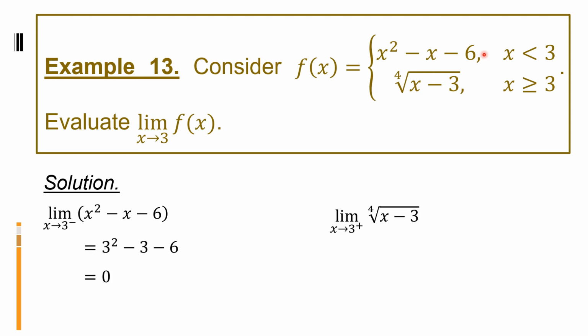On the other hand, the limit as x approaches 3 from the right, so we have fourth root of x minus 3. Then, we have fourth root of 0 positive. Kasi from the right of 3, so let's say 4. 4 minus 3 is 1, so positive siya. Then, by theorem number 2, that is just equal to 0. Therefore, the limit as x approaches 3 of f of x is equal to 0.